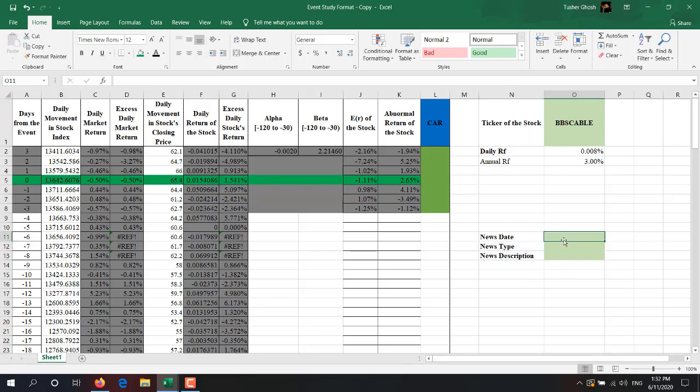So the news date was 4 February 2020. What's wrong? Why is it changing its value when I write it in here? Okay, the news type is good news. News description is what the heck? Okay, let me fix that.